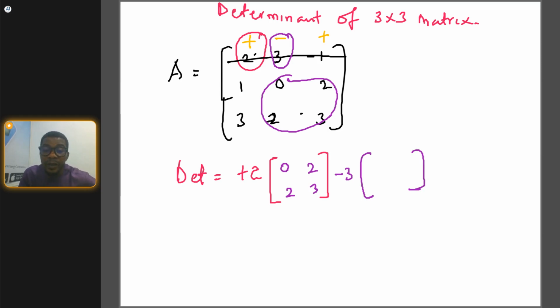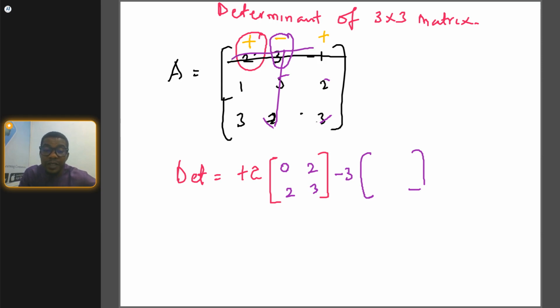Now if I take minus 3, once we have picked minus 3, we need to check where this value is crossing. The value is crossing at this vertical, and also at these 3.